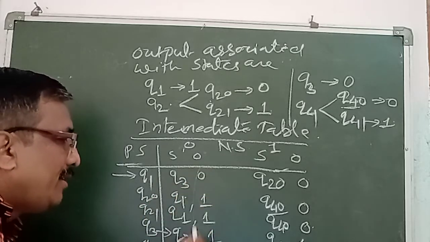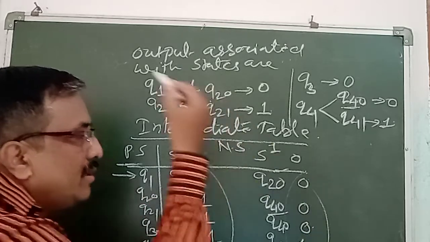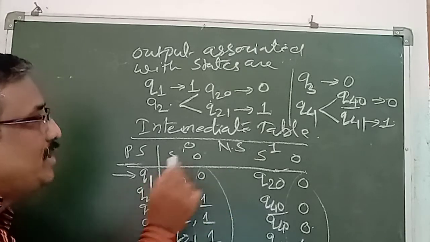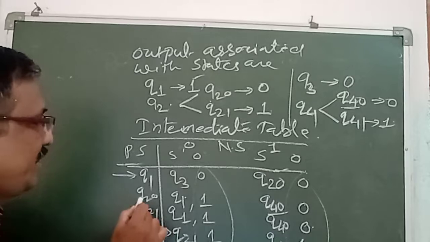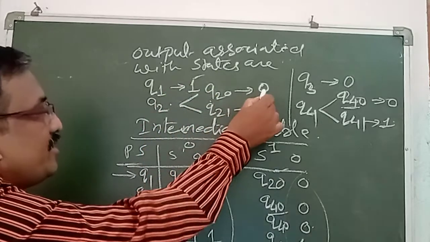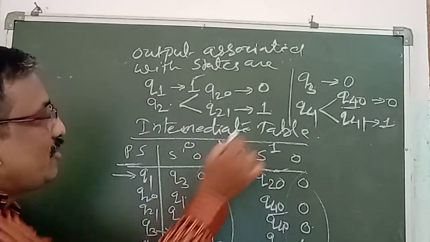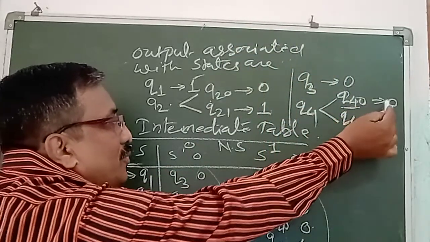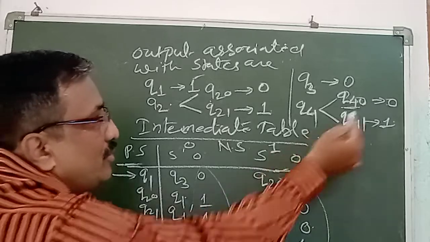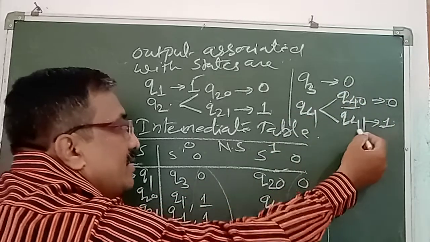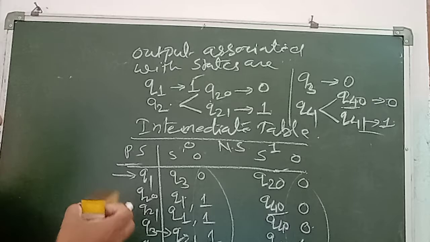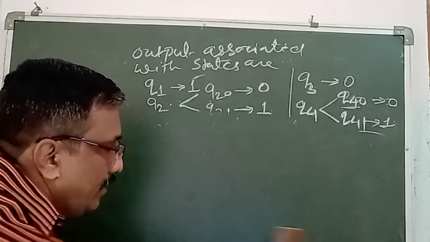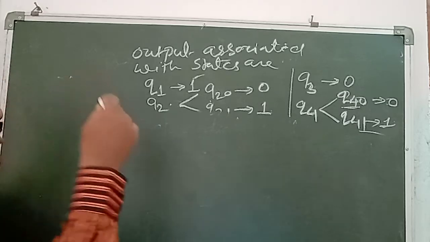So in the next table we will eliminate this output, and we will show the output of state Q1 is 1, state Q2 0's output as 0, state Q2 1's output as 1, Q3's output as 0, Q4 0's output as 0, and Q4 1's output as 1. Now convert this intermediate table into an equivalent Moore machine.